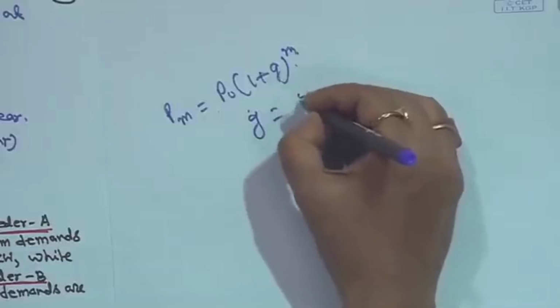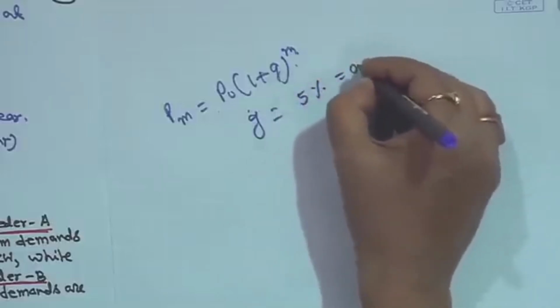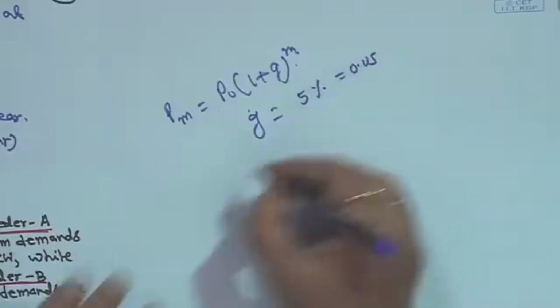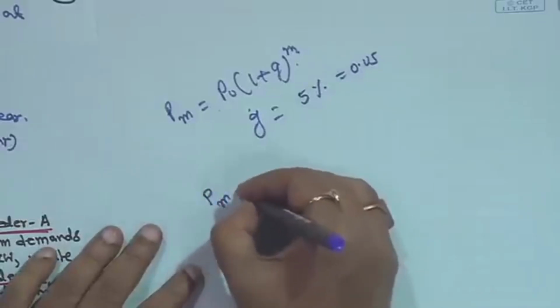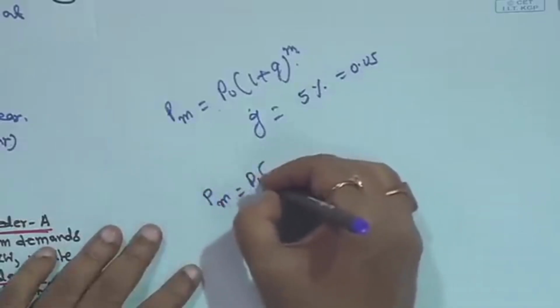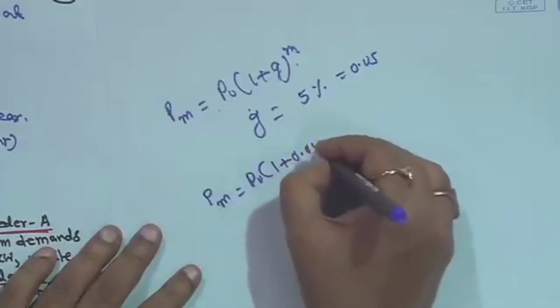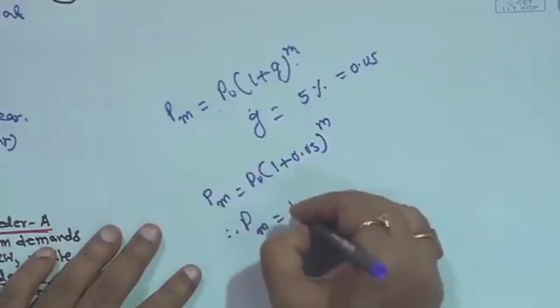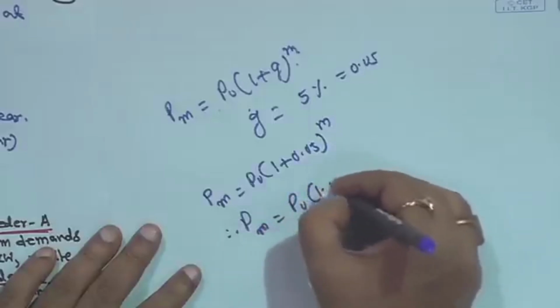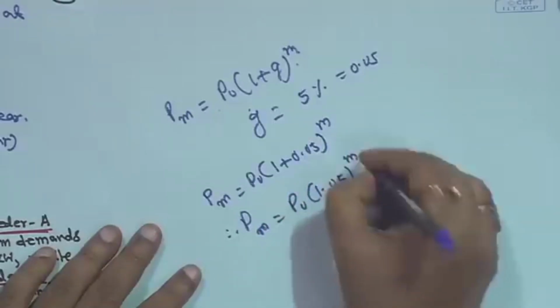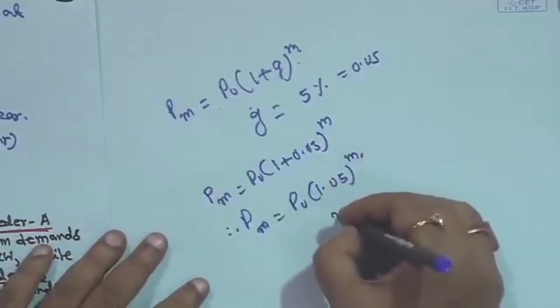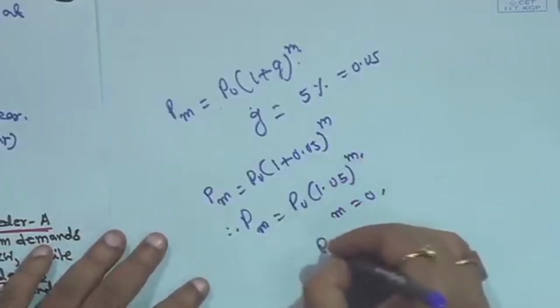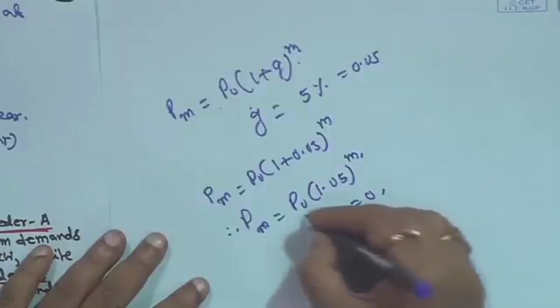So suppose G is equal to 5%, that is 0.05, right. Therefore Pm can be written as P0 (1 plus 0.05) to the power m, that means Pm is equal to P0 into 1.05 to the power m, right. When the base year, when m is equal to 0, Pm is equal to P0, it is automatic.